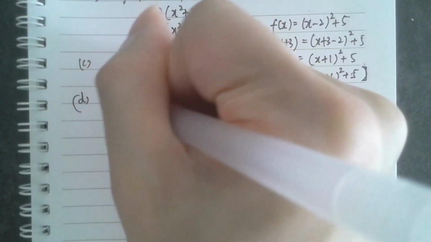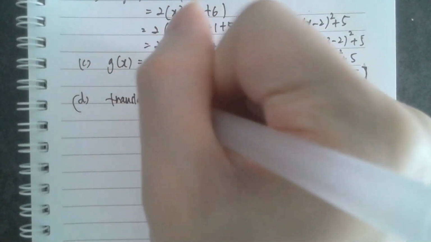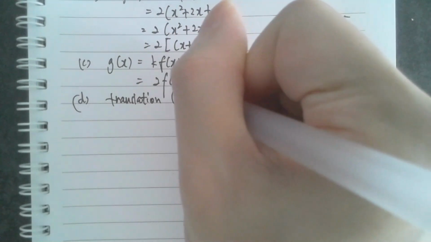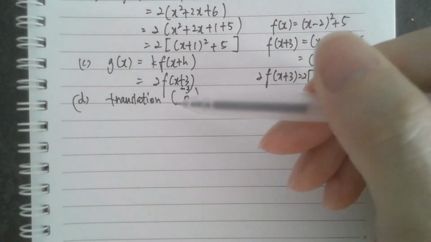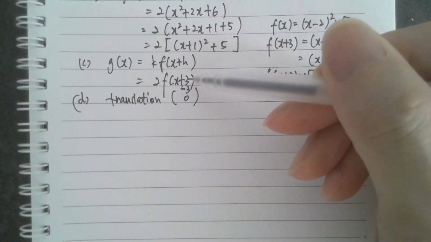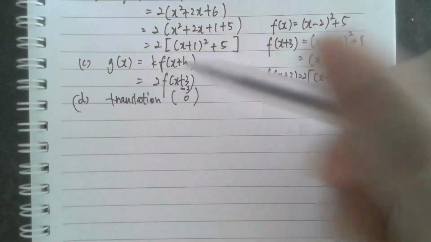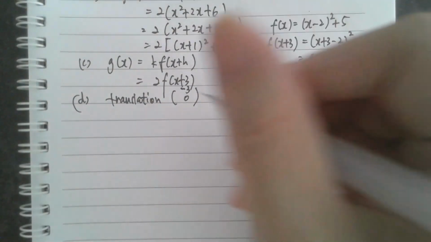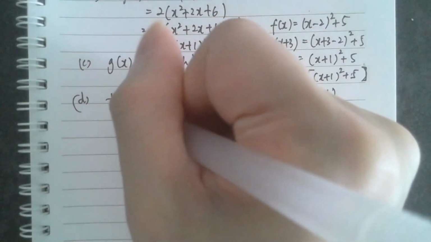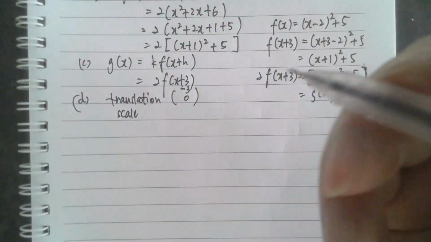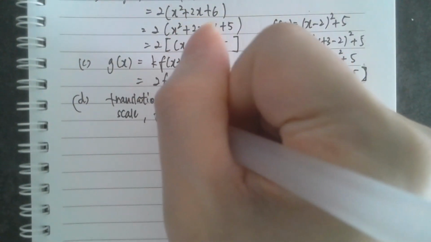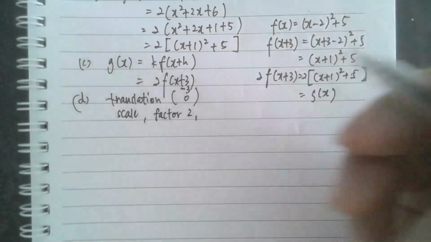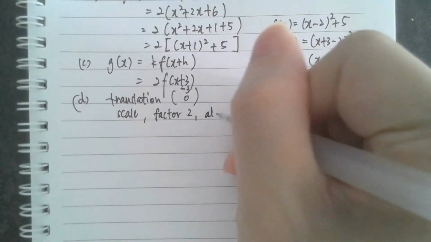We write down the translation using a column vector, (negative 3, 0). Be very careful when you have translation in the x direction, the signs are different. So plus 3 is a translation in the negative direction. And scaling, actually it's a stretch, but I will just use the standard word scale of factor 2 along the y-axis.